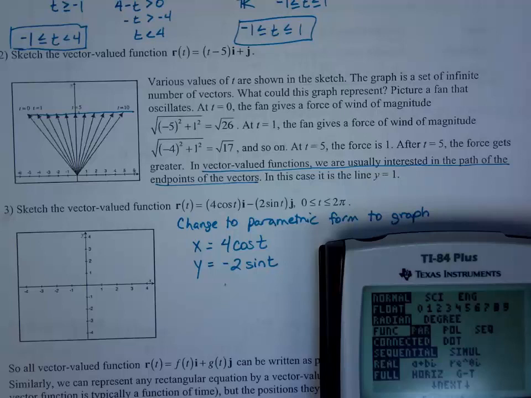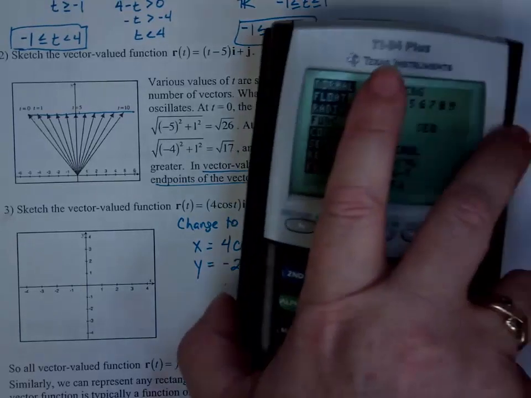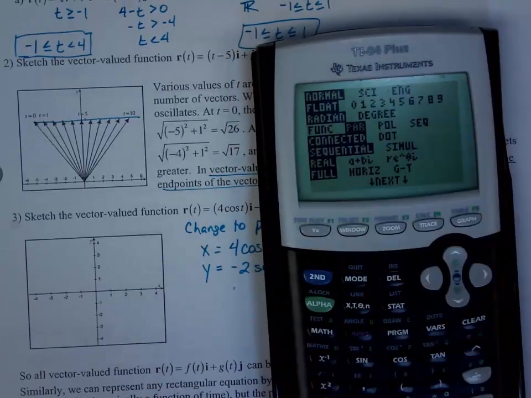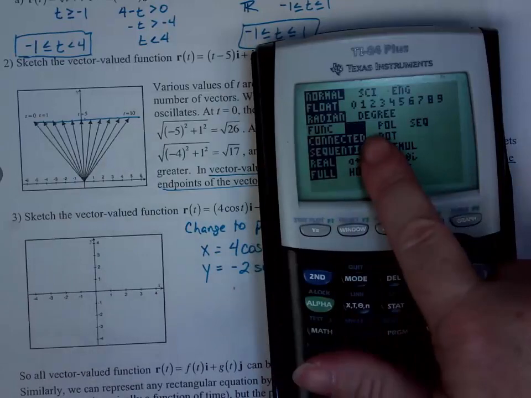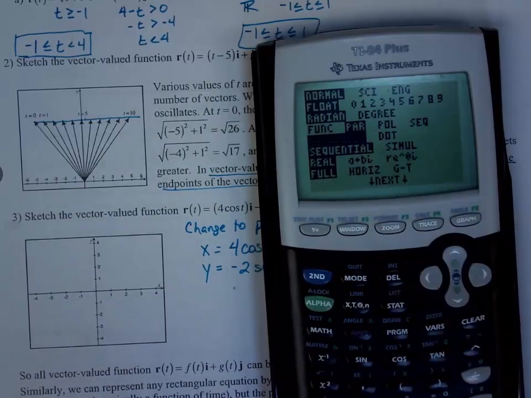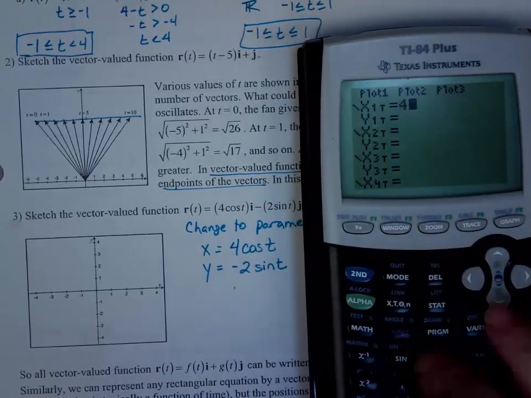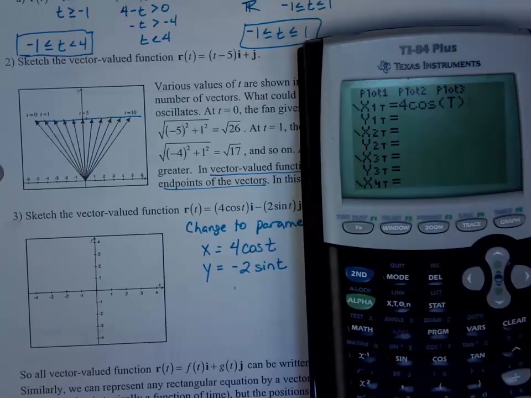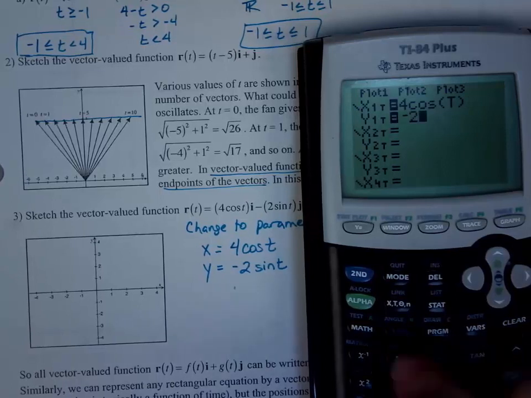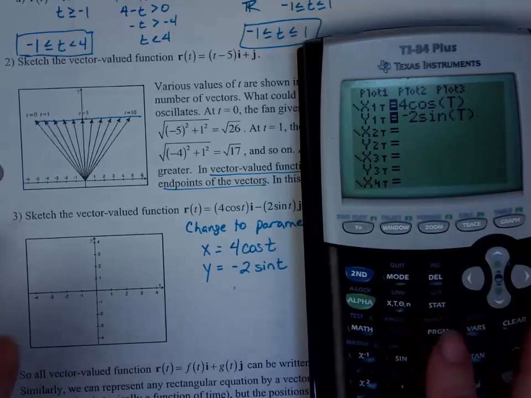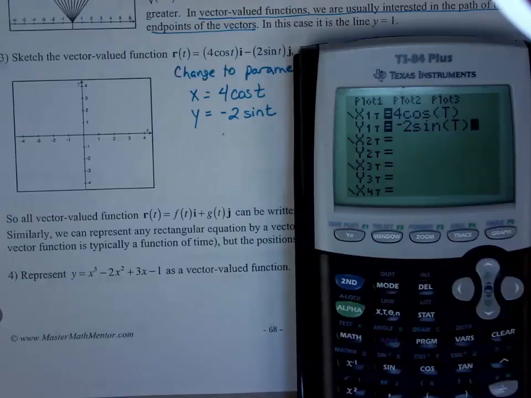So let me move this up so you can see what I'm doing. So it needs to be in radians, and it needs to be in parametric right there. So those two things need to be set. Are we good? Okay, so let's go to y equals and type in our two functions. We have 4 cosine t, push enter, -2 sine t. Do not graph it yet. We have to set the window. So go to the window, please.